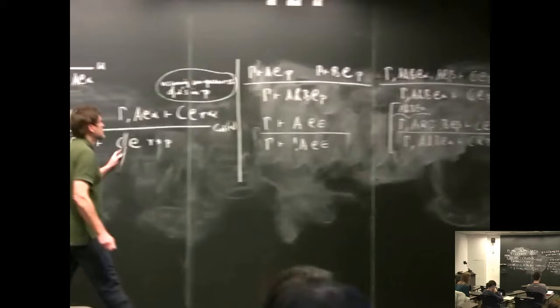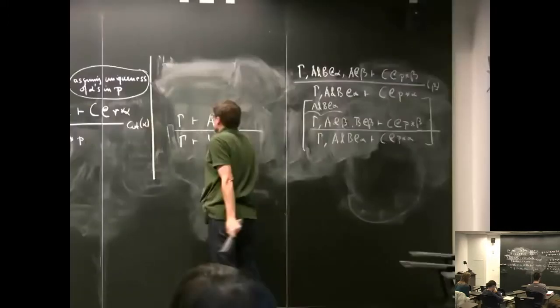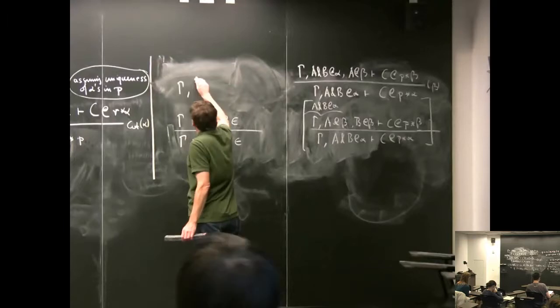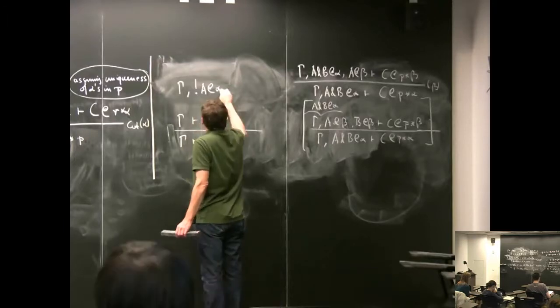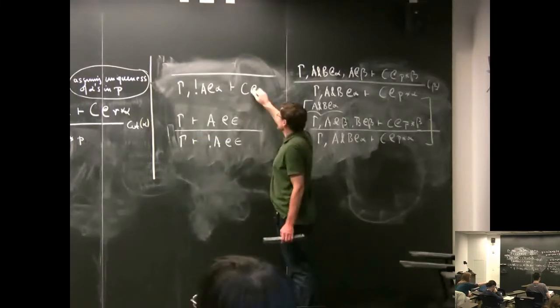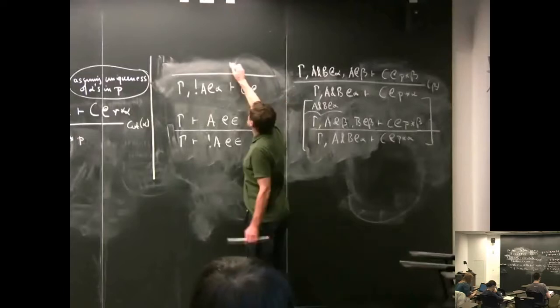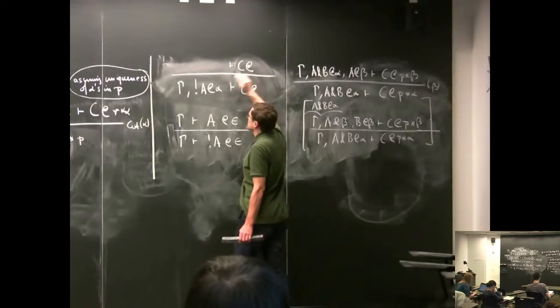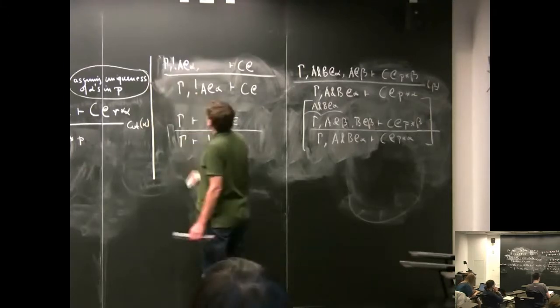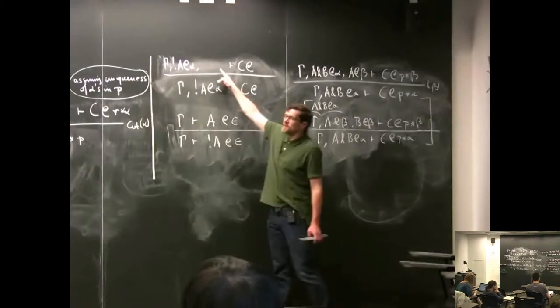Okay, so what's the bang left rule? Okay, gamma, bang A at alpha. Okay, proving C at, here we still prove C at something, okay. Gamma is still there, bang A at alpha is still there, okay. And we just have to fill in the holes. What other formula do we have here?